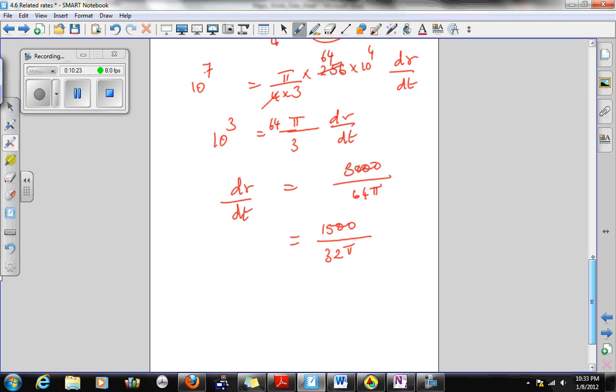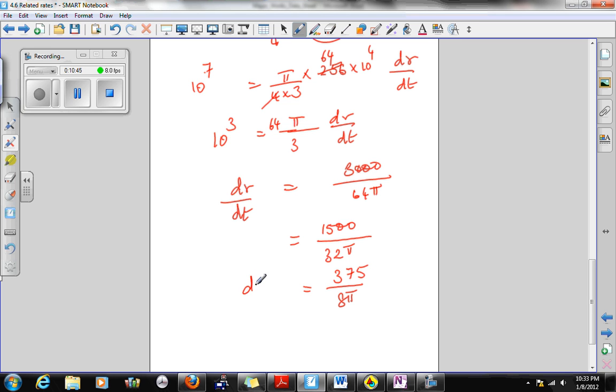It is further divisible; we could have easily gone for division by 4 instead, I'm just doing it step by step. So 8 pi, I'm sure 4 divides into 1500, so 3 times 4 is 12, giving 375 over 8 pi.